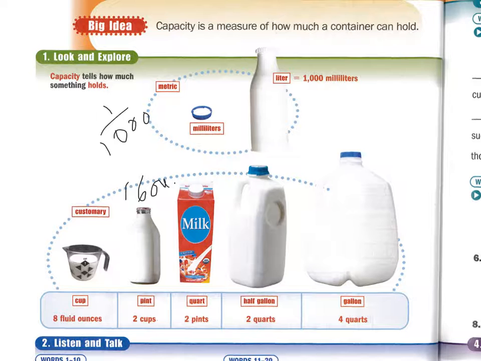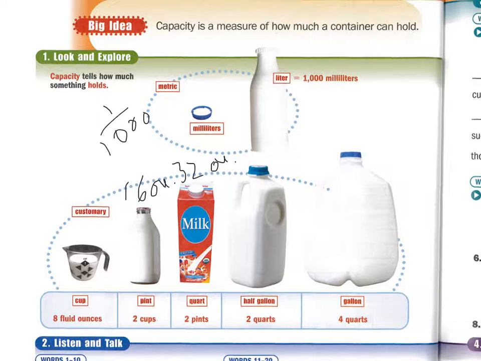A quart is 2 pints. So 2 pints, in other words, it's 4 cups. And if you want to figure out how many ounces that is, 4 times 8. That's right, so this is 32 ounces.